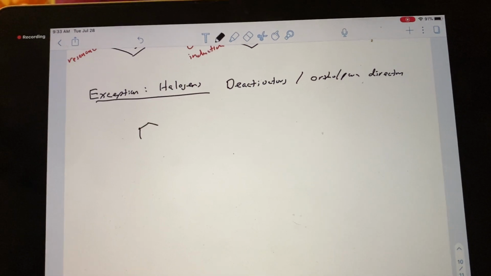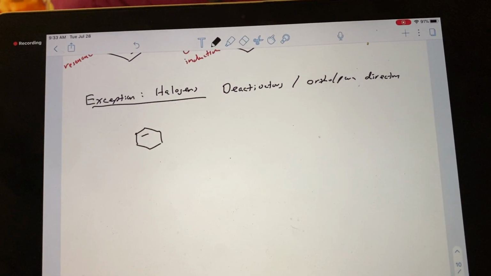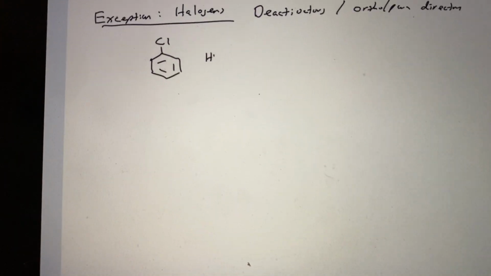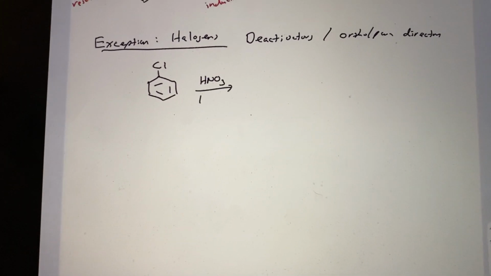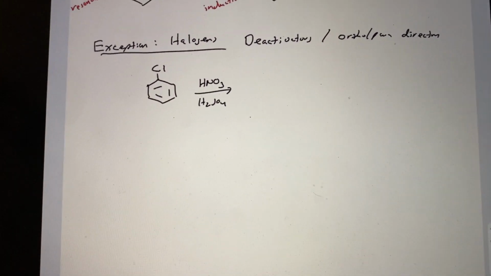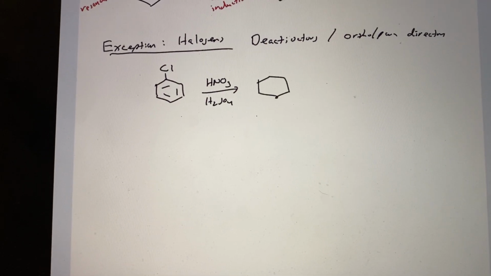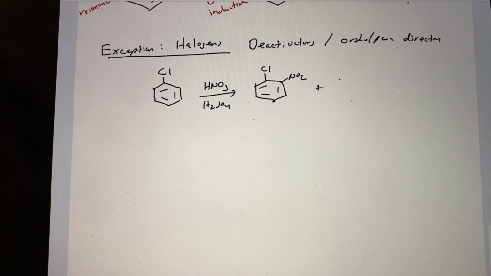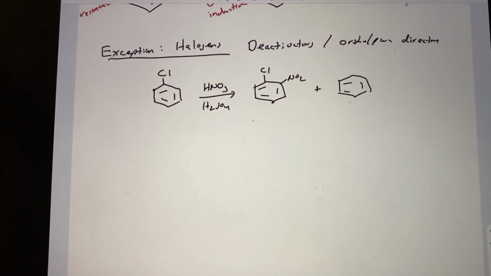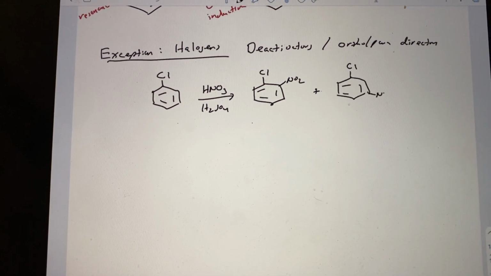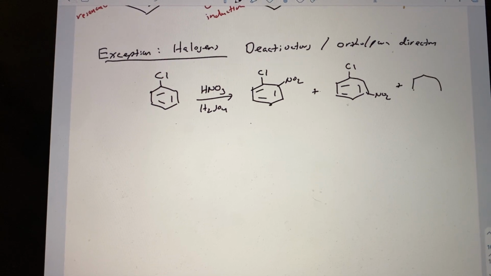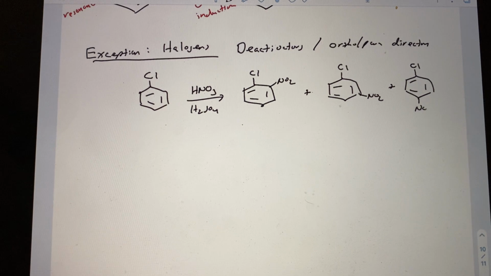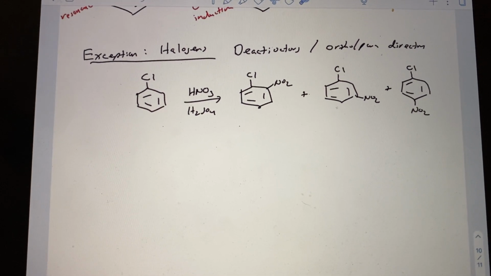So if we were to take something like this chlorobenzene, I probably won't draw out all of the resonance structures, and let's just stick with nitration, we would see that the reaction actually happens much slower than with benzene alone, and we'd end up having ortho, meta, para substituents.